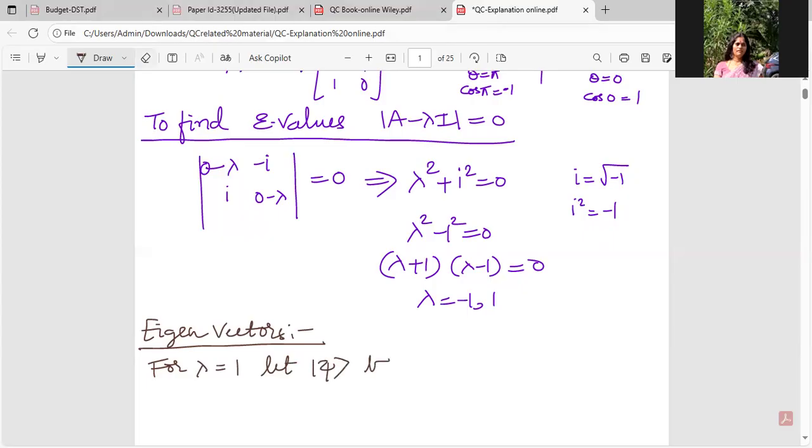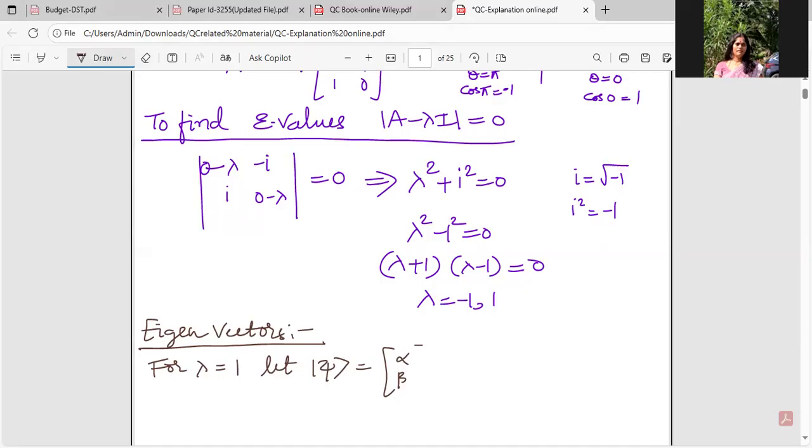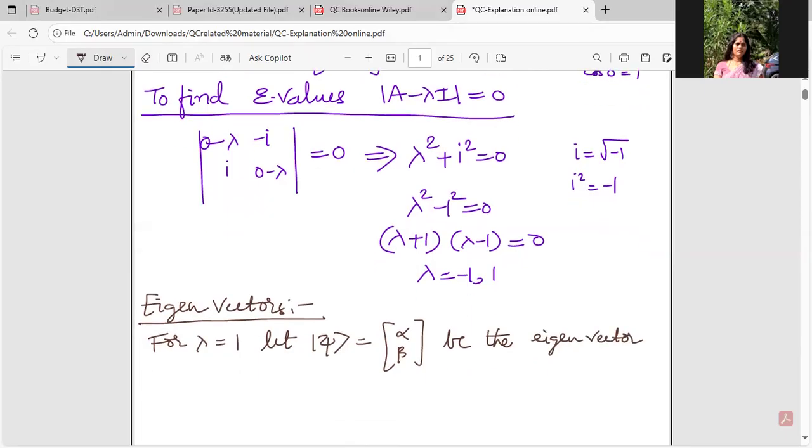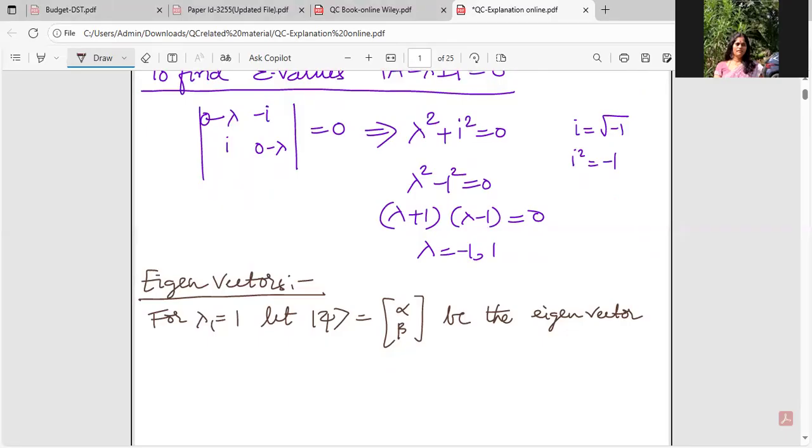Ket xi is equal to alpha, beta. Then I have the eigenvalue lambda 1, and A ket xi 1 is equal to lambda 1 ket xi 1.